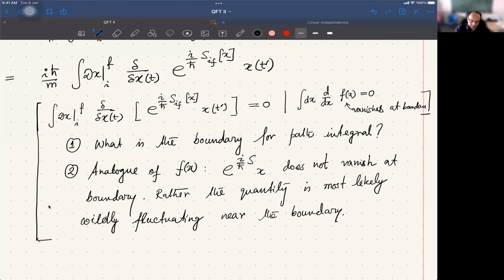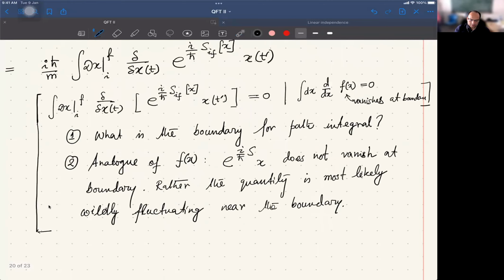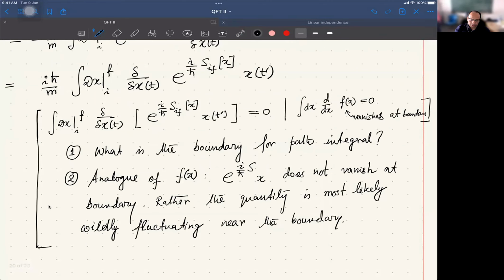Now, given this discussion, what we have is that this is the same as a derivative on this times x plus this times a derivative on this. So we have the derivative on the exponential times x. So this is the negative of the exponential times the derivative on this.